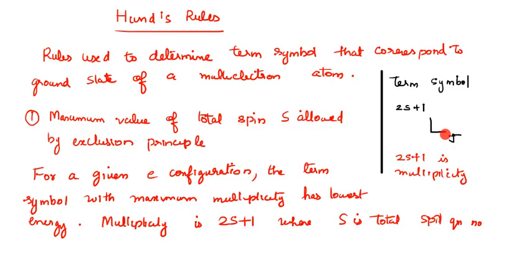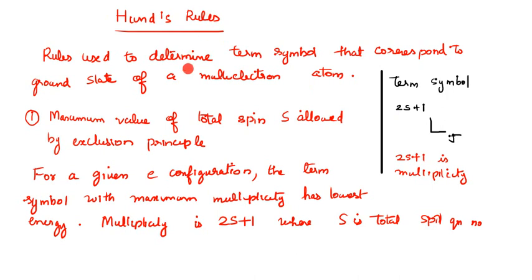And L is the angular momentum quantum number. These three quantities determine the state of the atom. This is called the term symbol of the atom. And for the ground state, its S, L and J values are determined by Hund's rules.